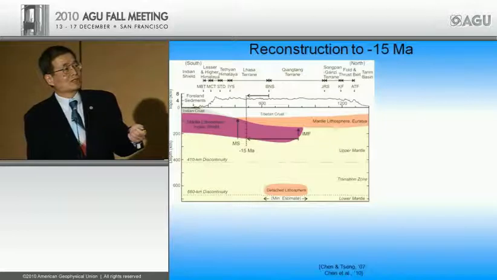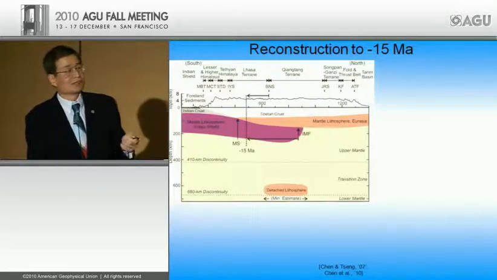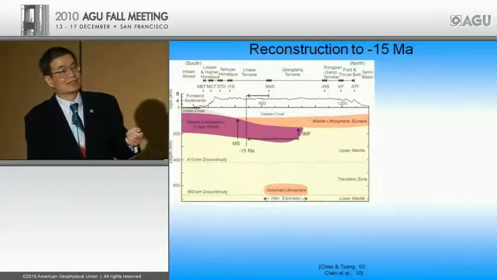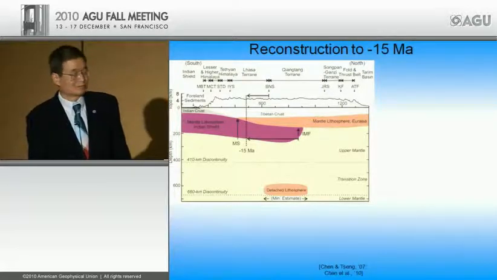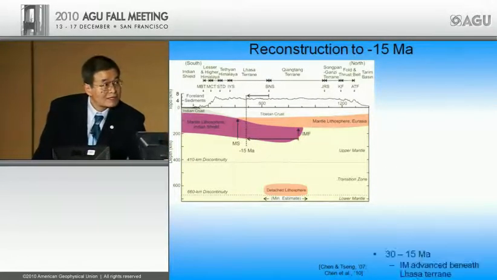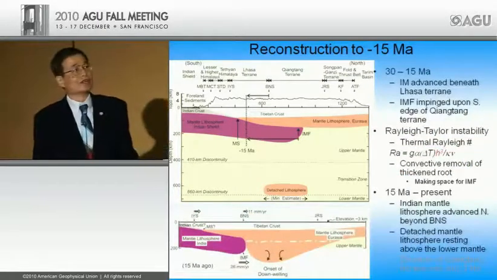Now, we want to put this piece back here. We are half successful in the sense that we don't know the exact dimension of this, but there's certainly more than enough space here between this point and that point to put this chunk back there. So let me run the movie forward for you now.